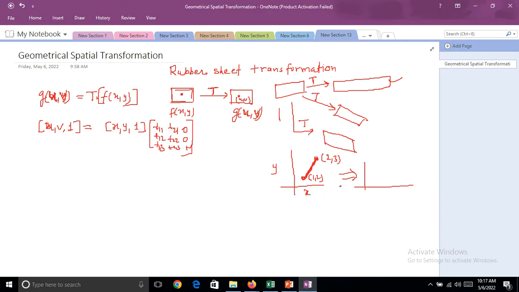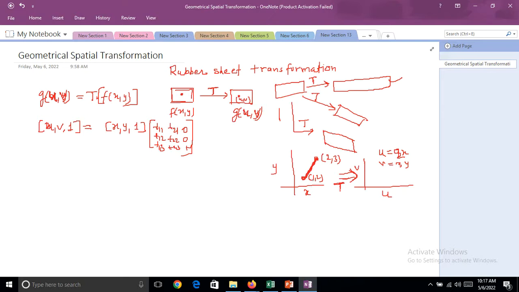We want to apply a transform T, and a new coordinate u,v will be generated. We want to scale it in x direction 2 times and y direction 3 times, which means u is equal to 2x, v is equal to 3y.